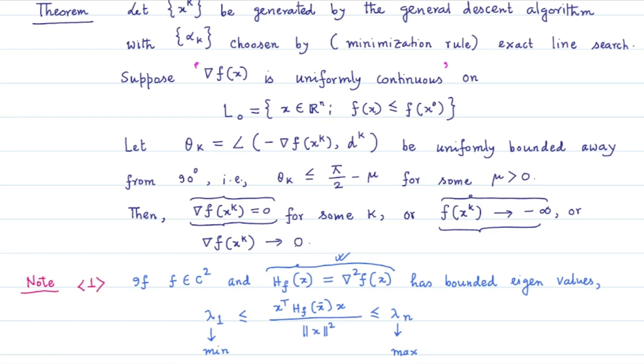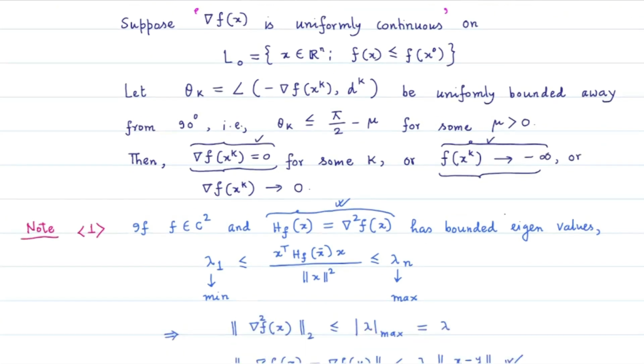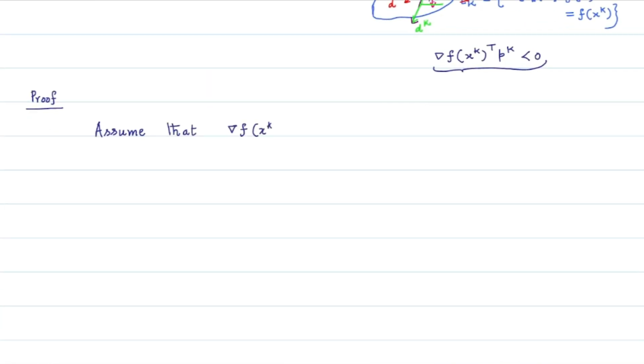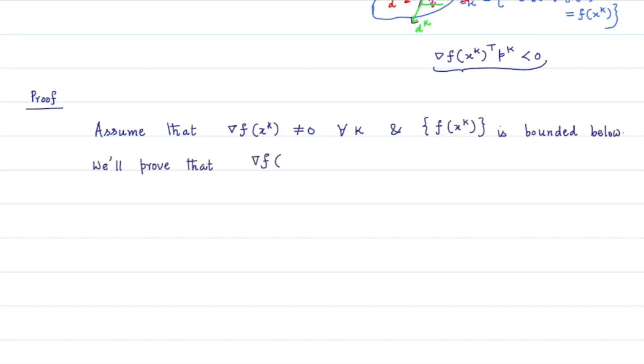If any of these two assumptions is violated, then we are in this case, that also proves the result. So we straightaway go with assuming that grad f(xk) is not null, and the sequence of real numbers f(xk) is bounded below. We will prove that the sequence of vectors gradient f(xk) converges to 0 as k tends to infinity.